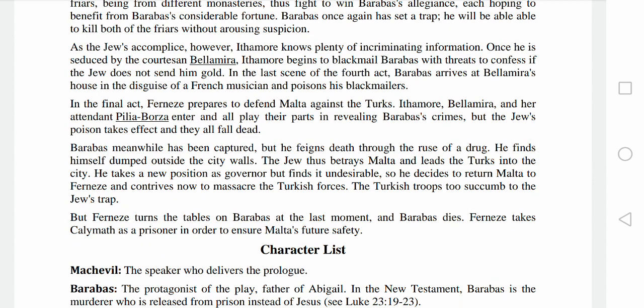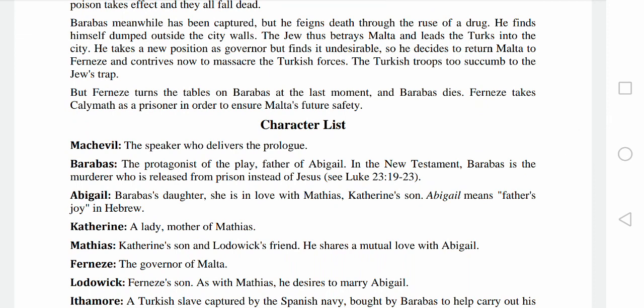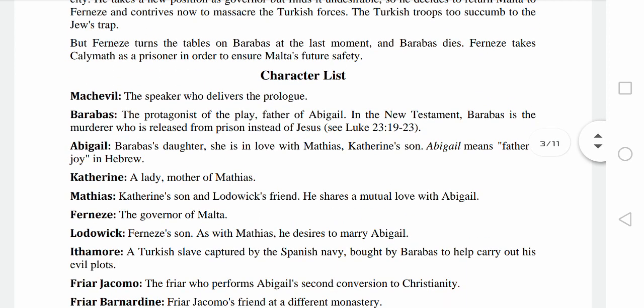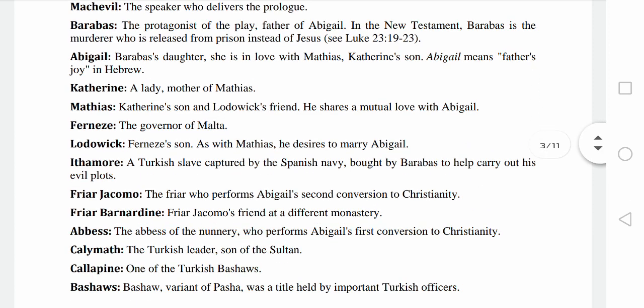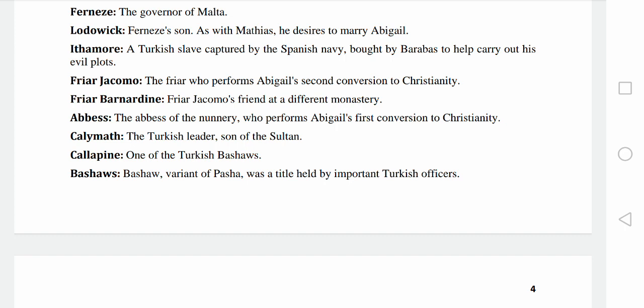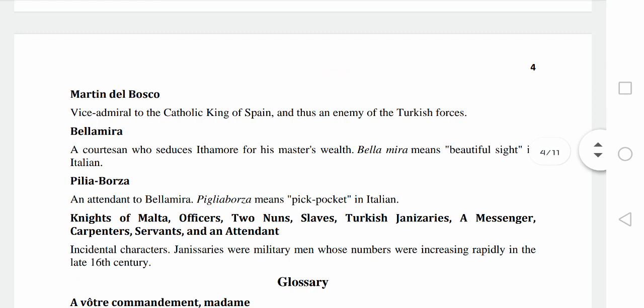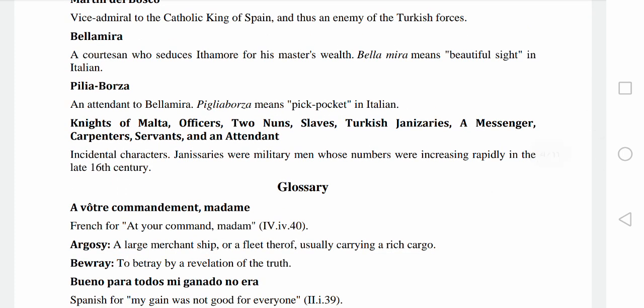Talking about the character list, it is Machiavel and Barabbas, Abigail, Catherine, Matthias, Farnaz, Lodowick, Ithamore, Friar, Abbas, Calymath, Callapine, Pilia-Borza, Del Bosco, Bellamira, and some knights.